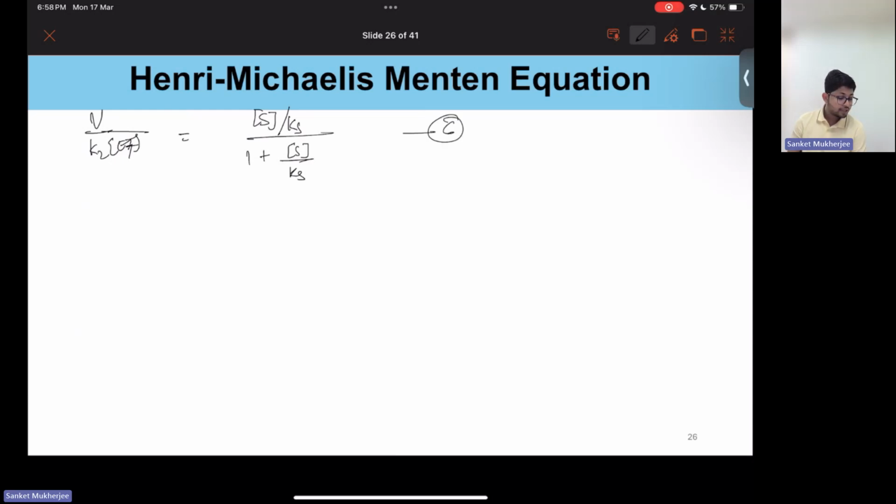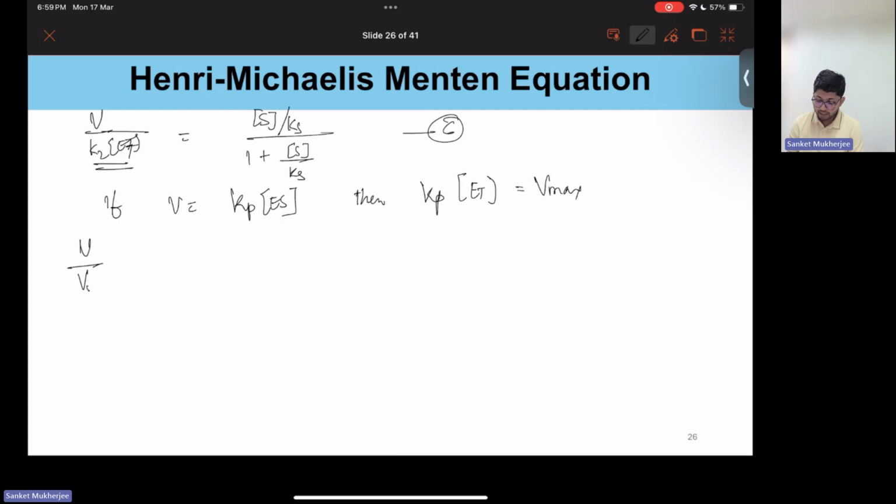equation 6. Now, if V is equal to Kp into ES, then Kp into ET is Vmax. So this is basically Vmax.